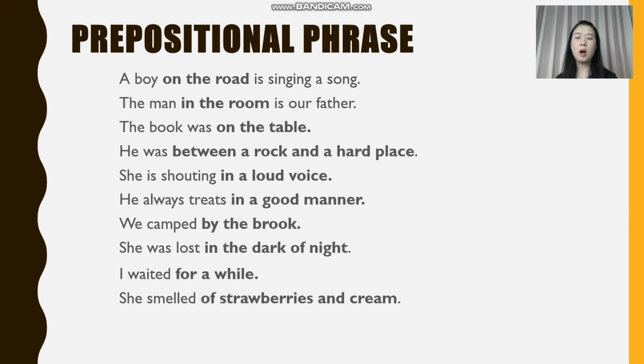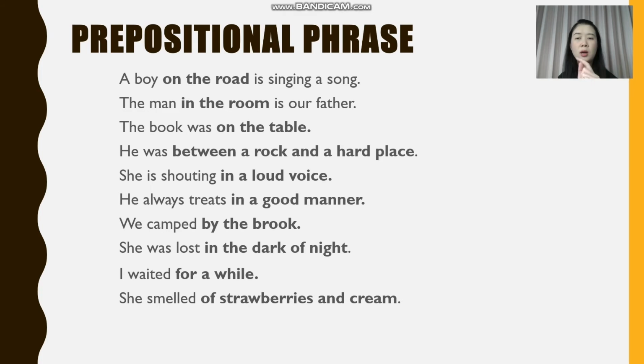A boy on the road is singing a song. So in the first sentence, we can see that we have so many phrases, but I just want to emphasize this phrase only, on the road.